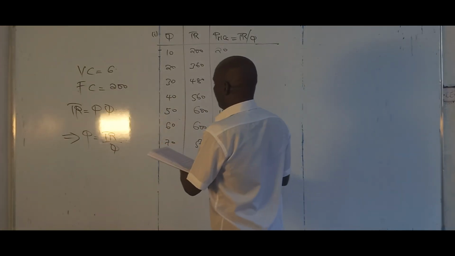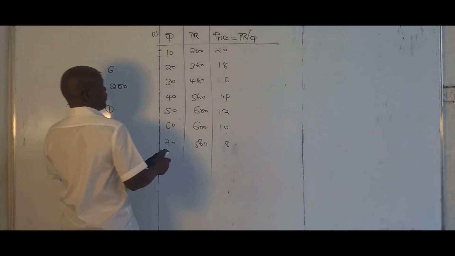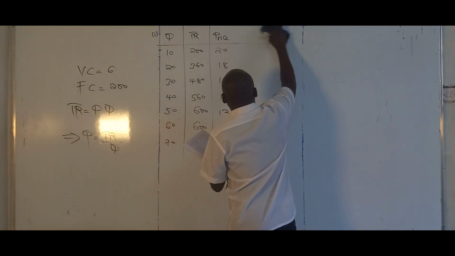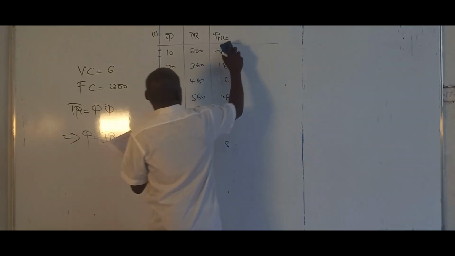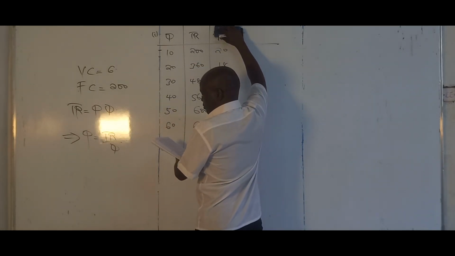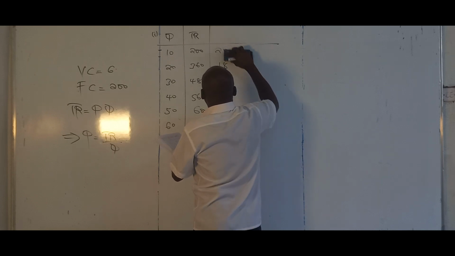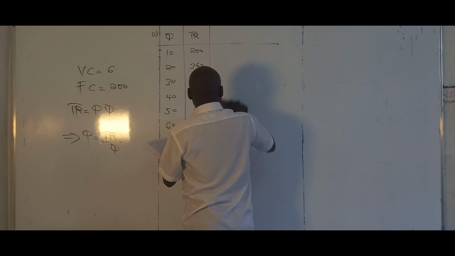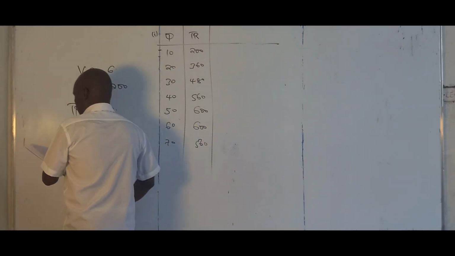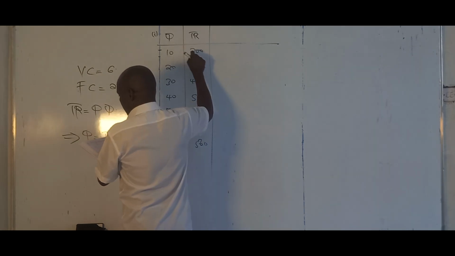First, let me draw before I give the condition. Let me have this removed here, and of course, I don't need the price column. So I have units sold, that's quantity. I have total revenue, that is this.